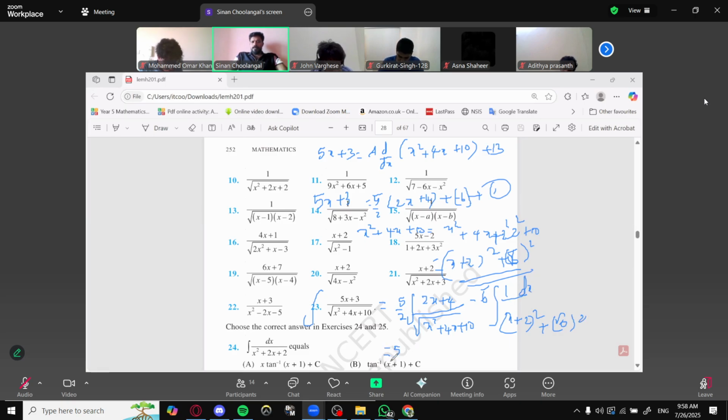So as I told, directly you can write 2 times root of the denominator. So we are getting 6 times 1 by 8, and this is root, no? The formula you can check: x square plus a square, log of x plus root of x square plus a square. I hope you all got this.